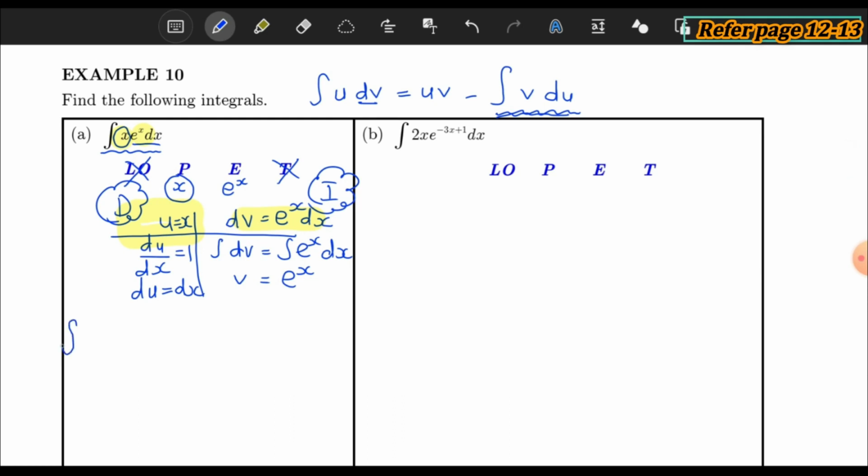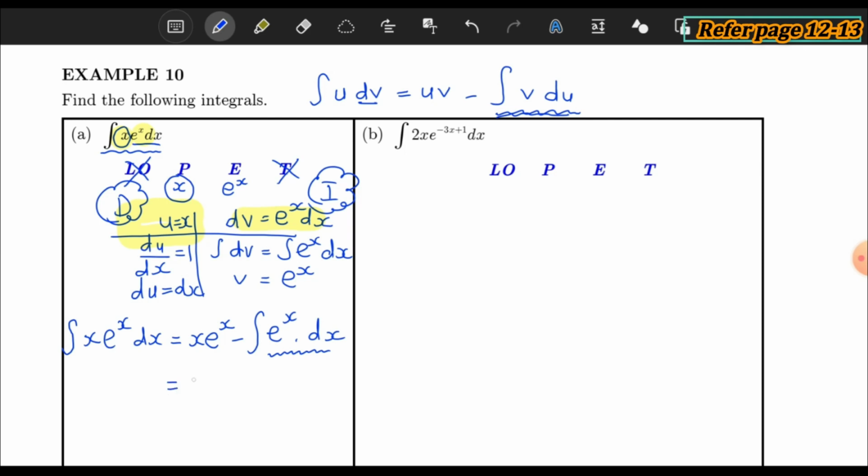So, integrate x exponent x dx equal to uv. So, x exponent x minus integrate v du. V is exponent x and du is dx. We state the function all in terms of x.